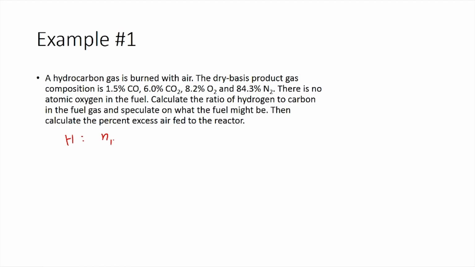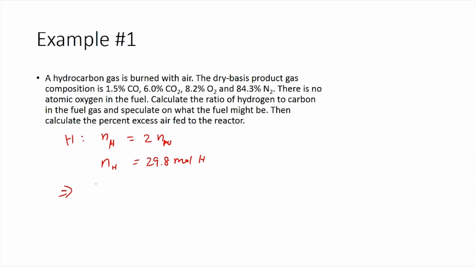The hydrogen balance would be NH, which is the number of moles of hydrogen entering in the form of fuel gas, would be equal to the number of atoms of hydrogen leaving the system, which would be only through water vapor. So, that would be 2 times Nw. As we already calculated Nw as 14.9, we can identify NH as 29.8 moles of hydrogen.